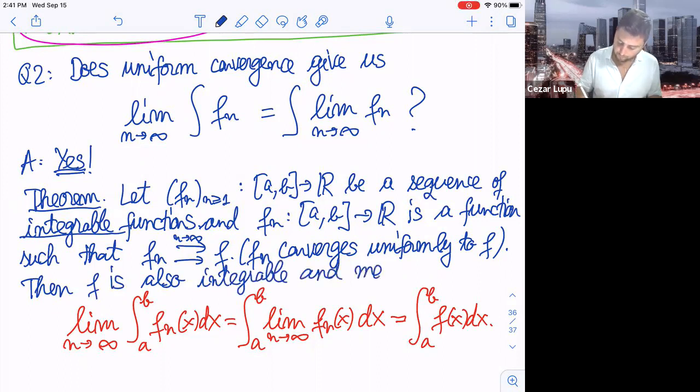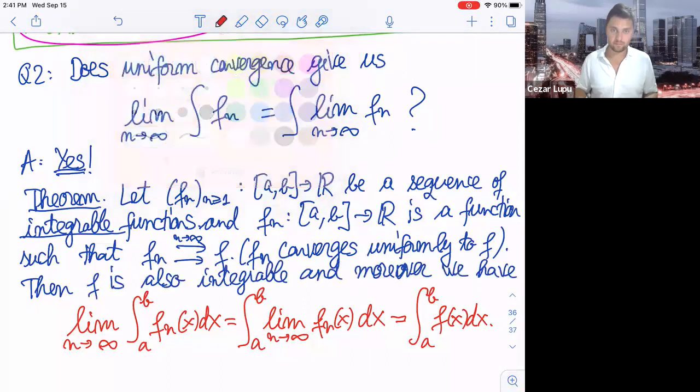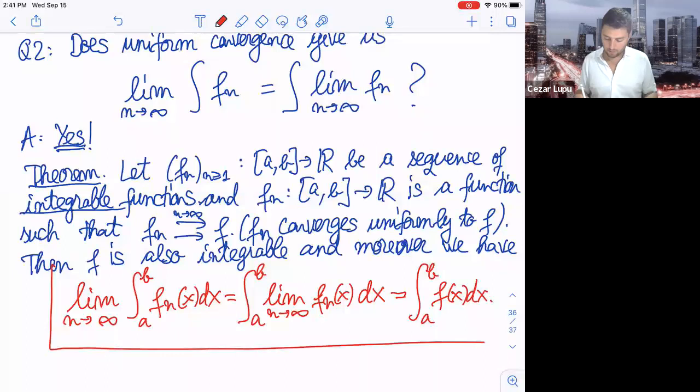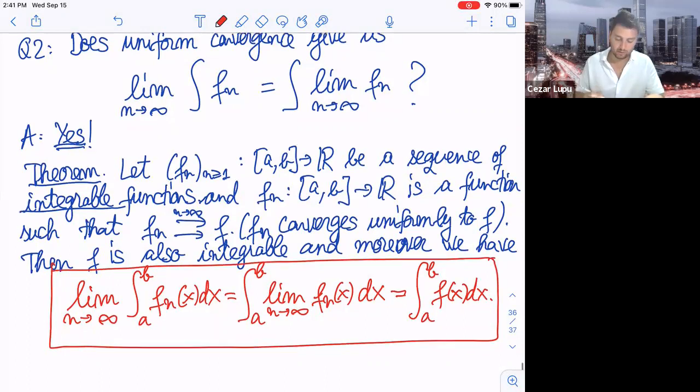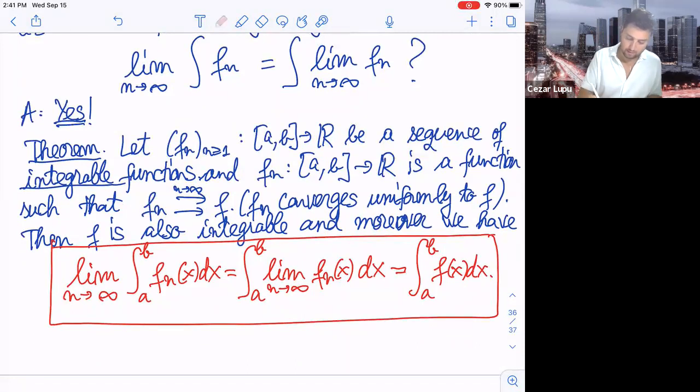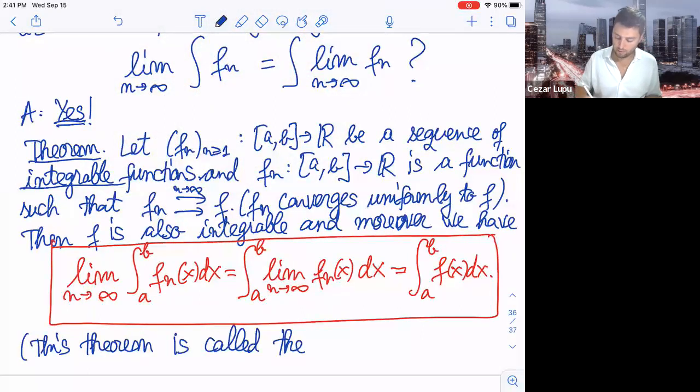And moreover, we have this. This is a very important equality. In other words, uniform convergence will guarantee that I can swap the integral with the limit, which is pretty great. This theorem is called the uniform convergence theorem.